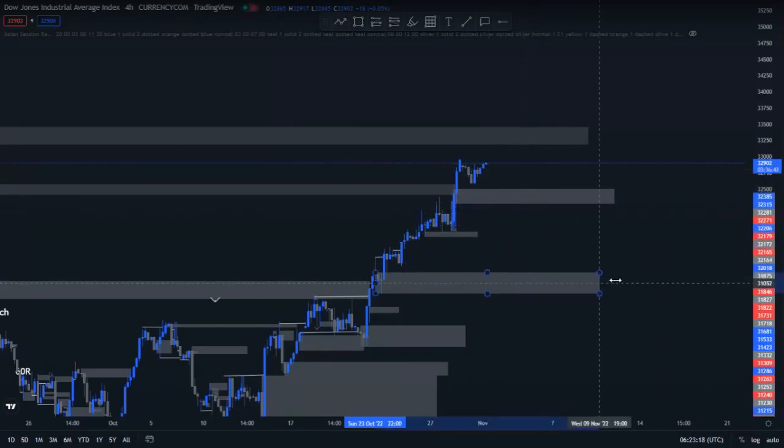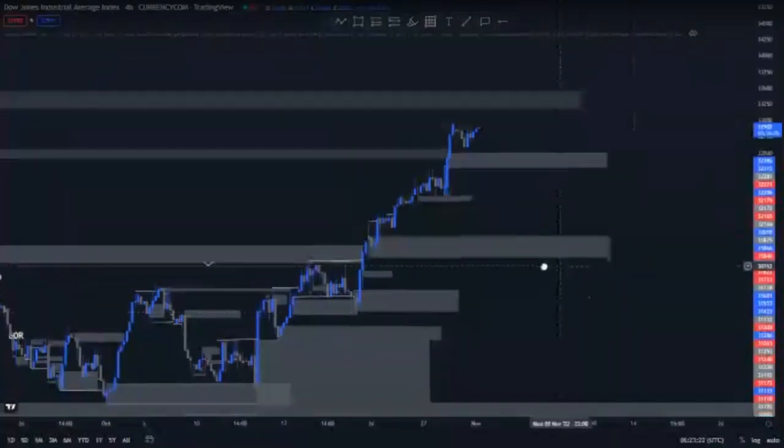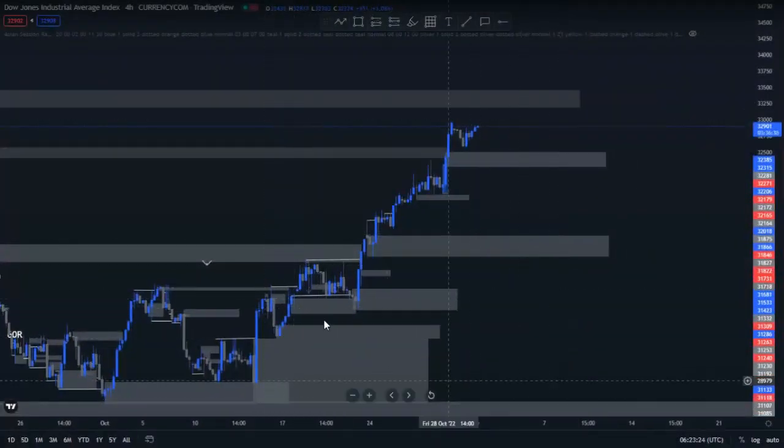And yeah, NFP, I don't know. With NFP, we might see a big push to the downside to liquidate all these buyers before we go up.